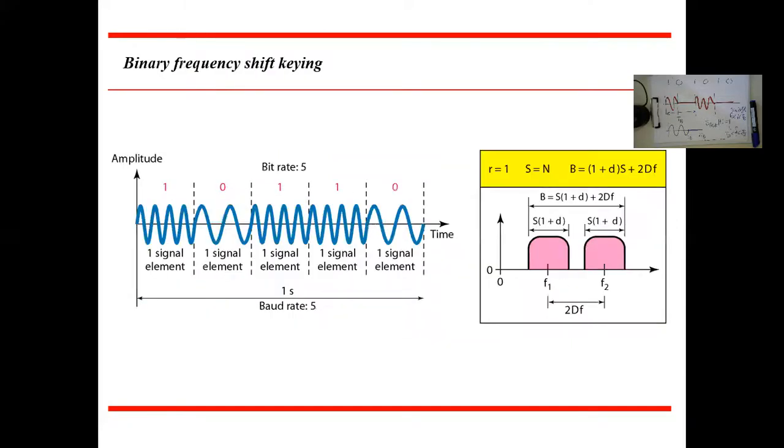So this is the second case, which we call binary frequency shift keying. Now we have 2 frequencies, and the frequency of the carrier changes with respect to the input message. If it's 1, it has a certain frequency. If it's 0, it has a second frequency.